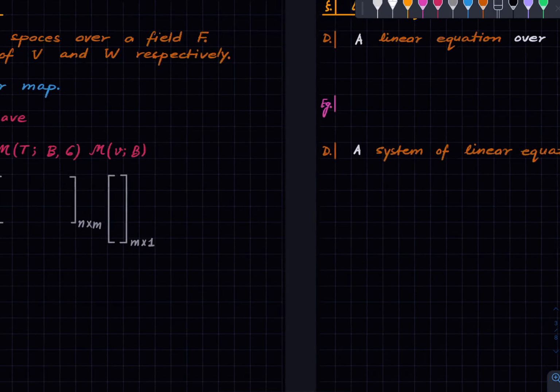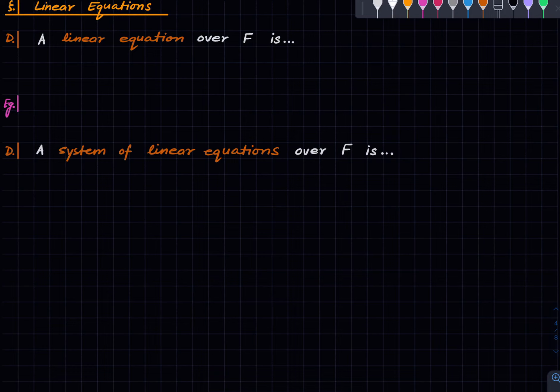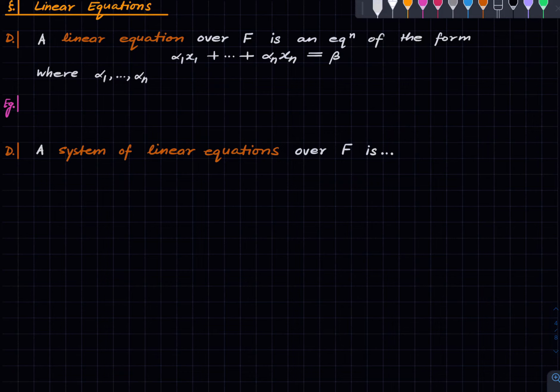Okay, so now we come to our main concern, linear equations. What do we mean by a linear equation? A linear equation over the field F, where F is some field, is an equation of the form where these are some scalars or elements of the field F, and these are some unknowns.